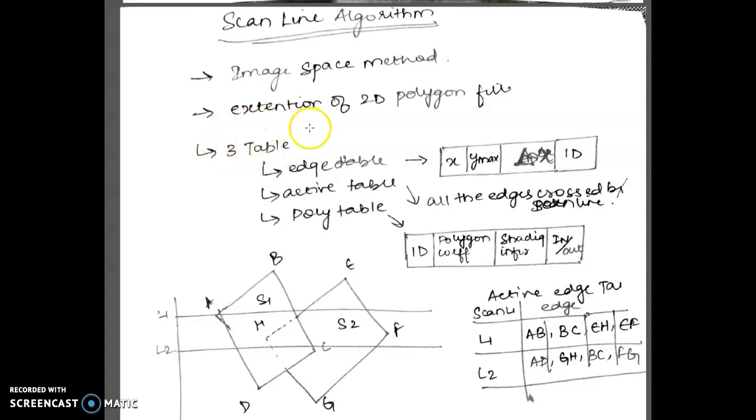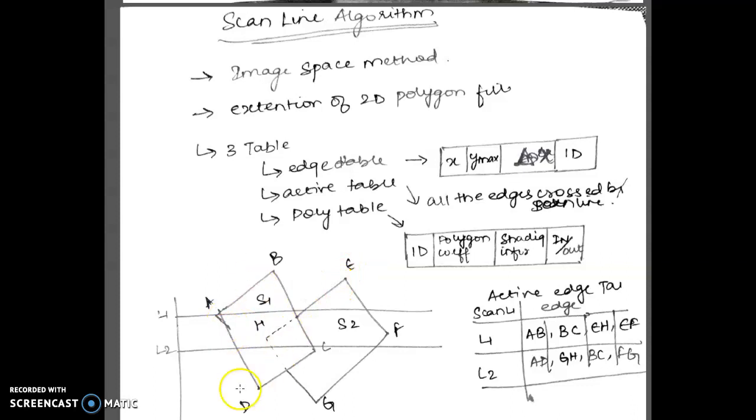This algorithm consists of three tables. One is the edge table, one is the active table, and the last one is the polygon table. The edge table stores the x value of the scan line, the y max value, the delta x value, that is the m value, and the ID of the polygon.